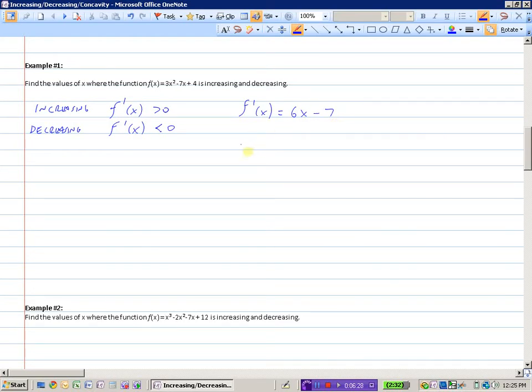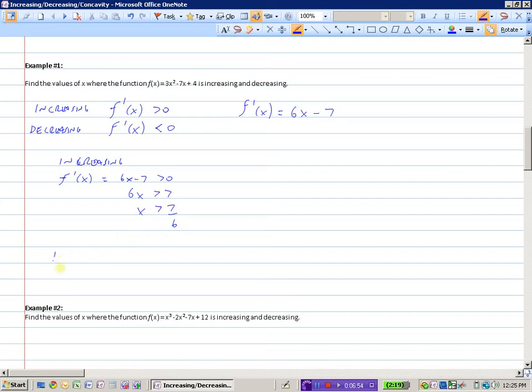And if we want to know where it's increasing, then we will let f prime of x, which is 6x minus 7, we will set that greater than 0. And solving this inequality, bringing the 7 over to the other side, and dividing by 6, we would get x is greater than 7/6.